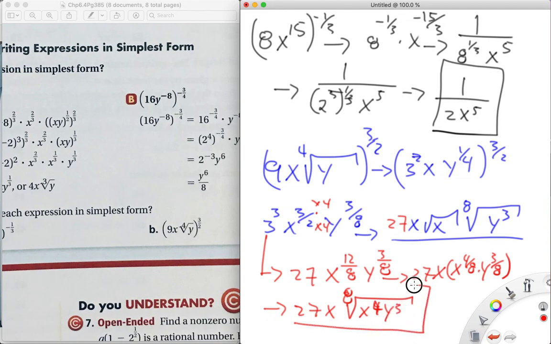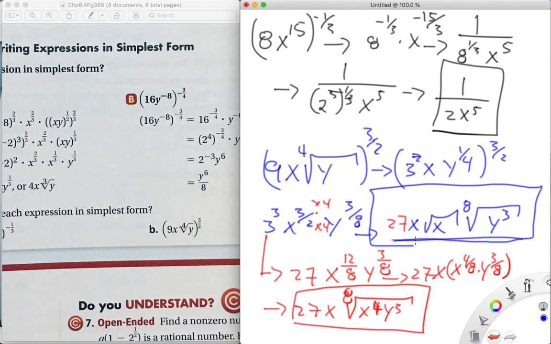So this is what the book wants you to write. They want you to put them all under one radical sign. Those two guys are equivalent expressions. The only difference is one has one radical sign that the whole thing is under, while the other one breaks it with the 2. I can see it both ways.